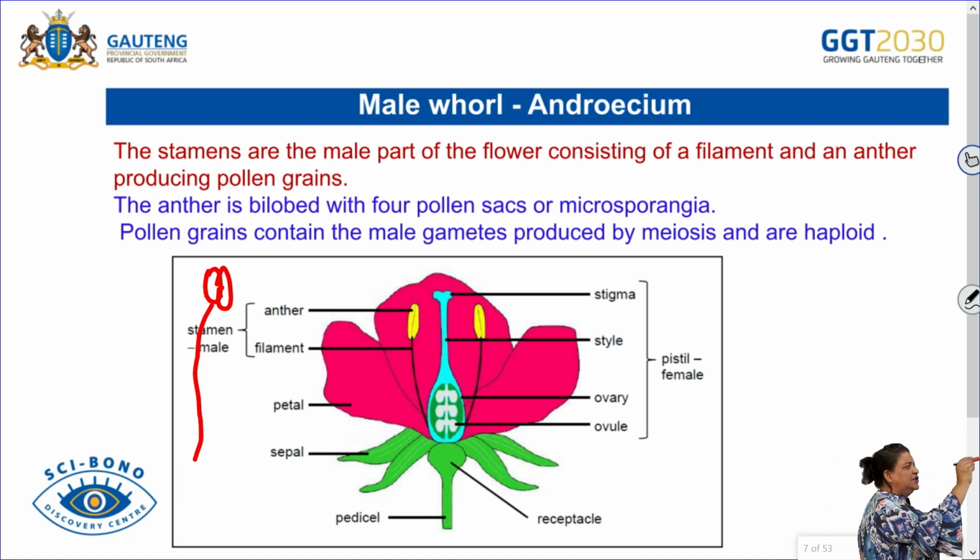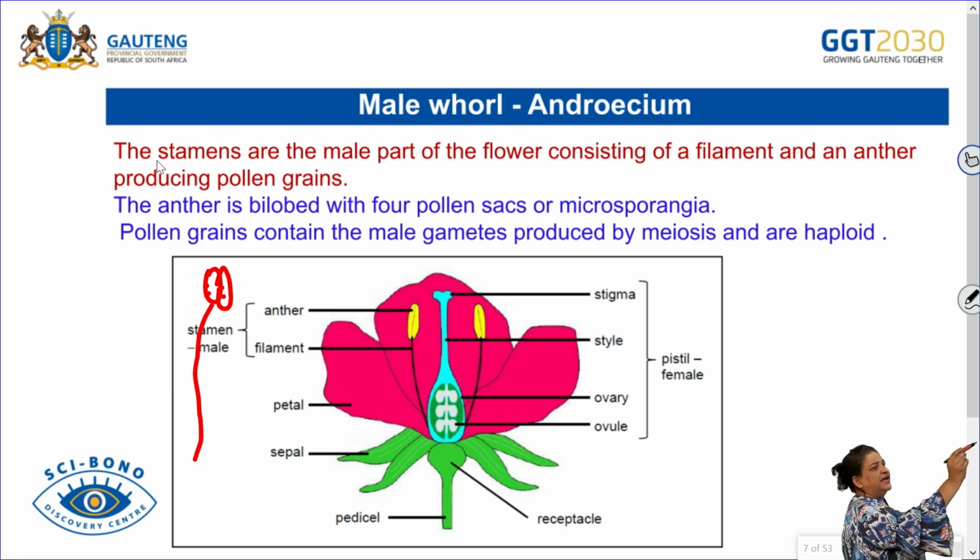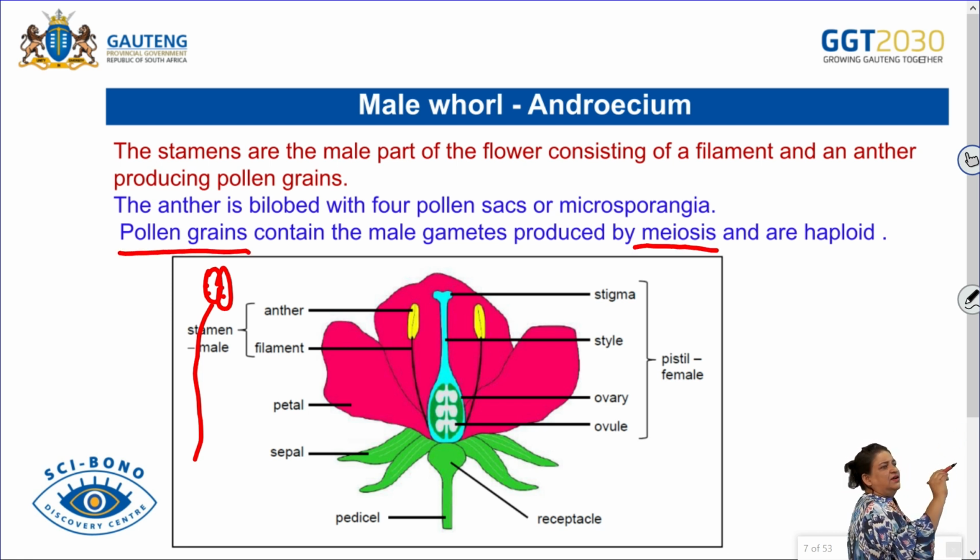And inside each lobe, you're going to get what? You're going to get your microspores, which are diploid. And what must the microspores or pollen grains undergo now? They must now undergo meiosis, right? They must undergo meiosis to produce what? Haploid male gametes.